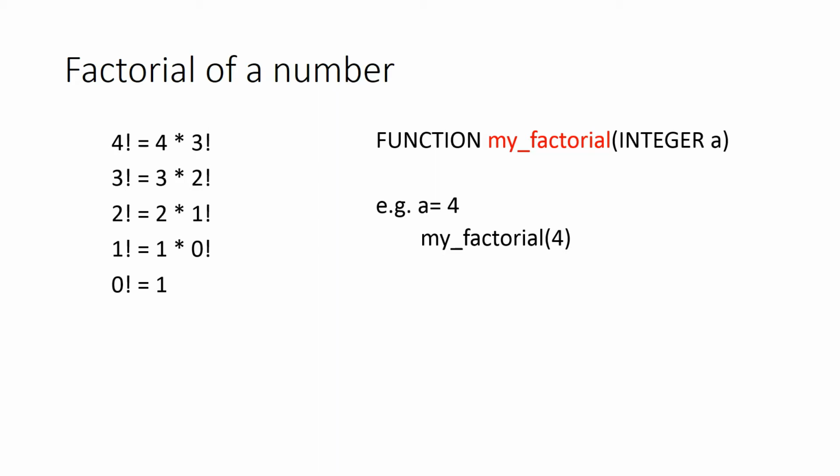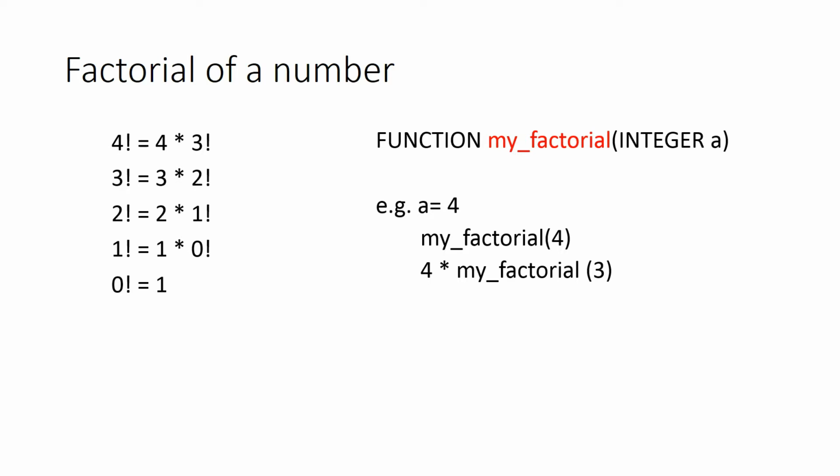Then the result of this function will be the factorial of 4. But what happens inside myFactorial is that we need 4 times, and we need to call it again. We need the factorial of our number minus 1.